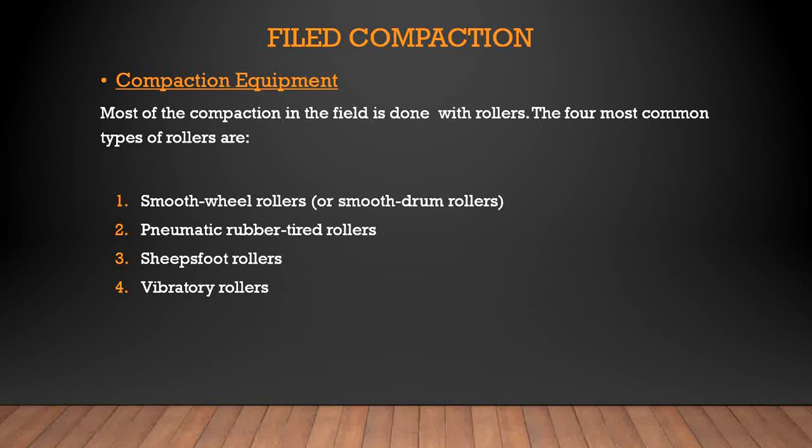Okay, so now we will discuss field compaction, or we can call it in situ compaction. The construction of a compacted fill usually consists of two distinct operations, that is placing and spreading in layers, and then compaction.